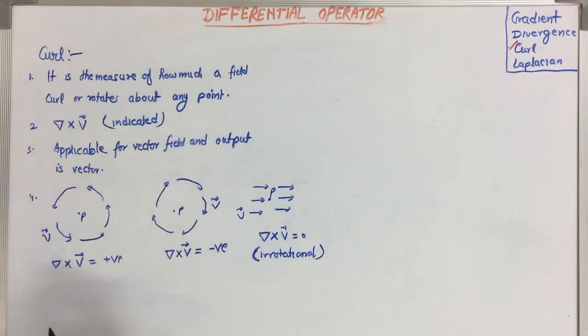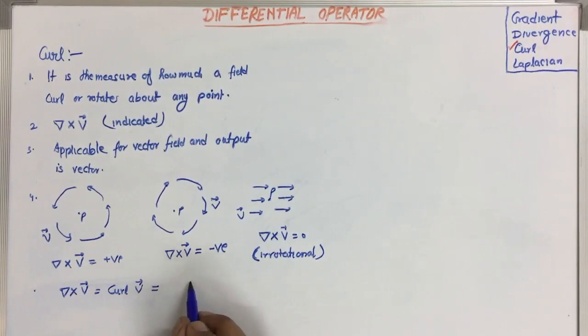Now if we want to define the curl, then the definition can be: curl, that is, cross product of curl of V. Either we can write simply curl of V. It is the maximum circulation of the field, and the circulation of the field in a closed path can be written like that, per unit area when the area tends to 0.